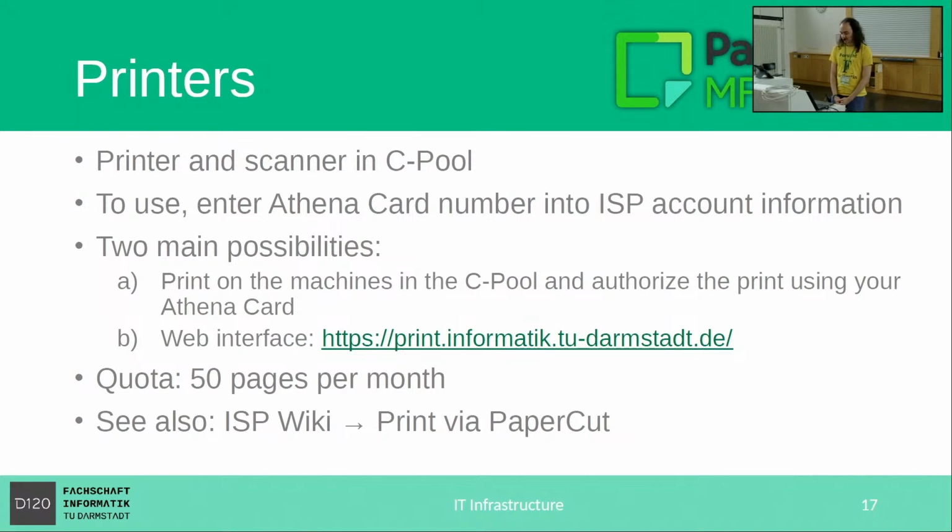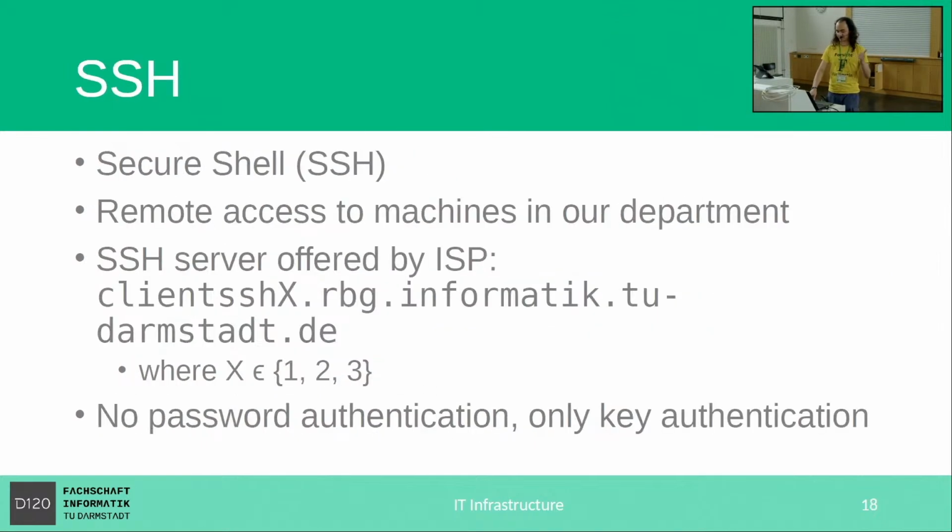And you can print either on the machines on the cpool itself or using the web interface at print.informatik. We also have an SSH service if you have the need to access some SSH servers hosted in this building by our department. They have some special software installed, but it depends on your lecture or course if you need that specific software, probably not.